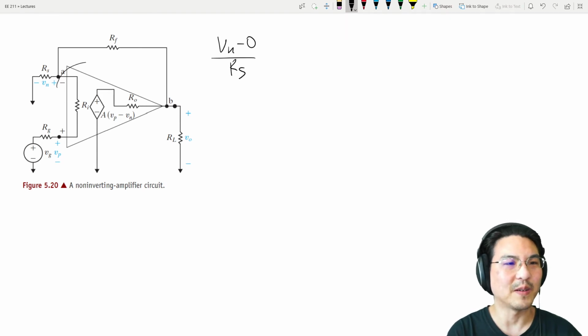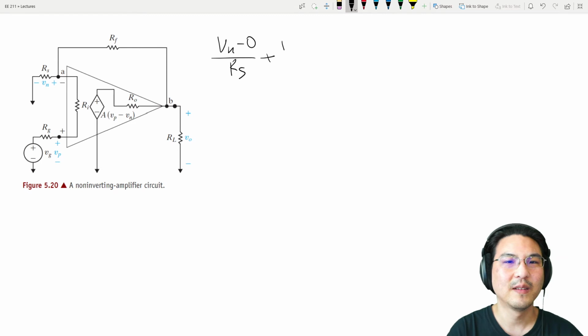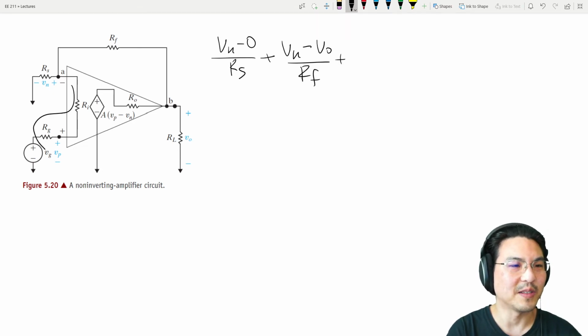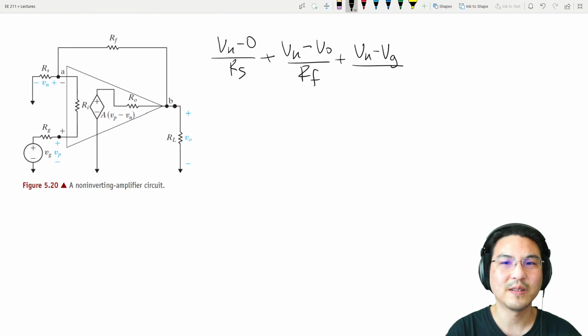Okay, now let's find the current this way, Vn minus Vo over Rf. Now let's find the current this way. So notice that these two resistors are in series. So Vn minus Vg over the two of these in series, Ri plus Rg.